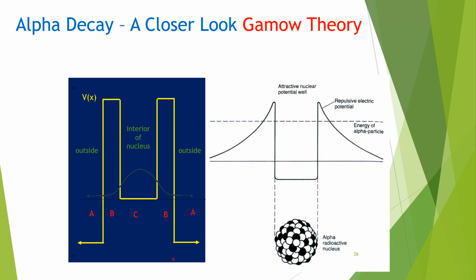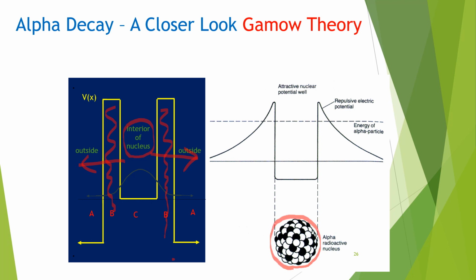This is an interesting picture I want to show you. This is the wall of the nucleus, which we are considering in the form of a potential barrier, and this is the interior of the nucleus, and an alpha particle with smaller energy is coming outside. This is the situation. So here you can relate, this is an alpha radioactive nucleus.